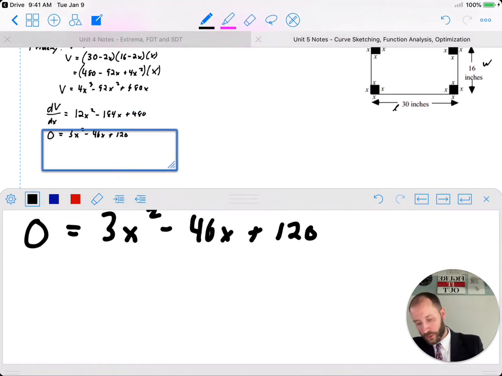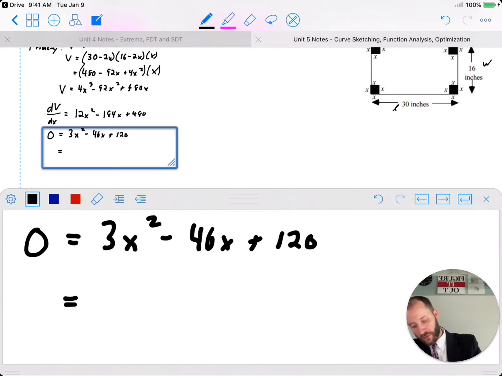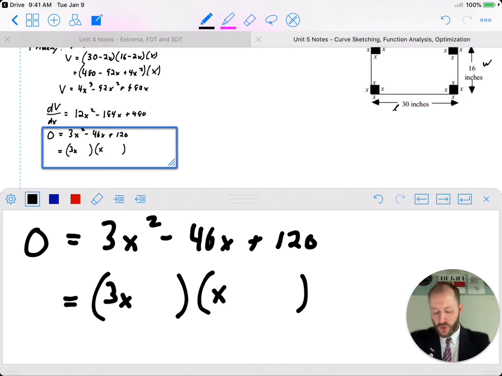So got a little more room. Let's factor that down. So 3x and x. So two numbers that multiply to 120, but then when one of them is multiplied by 3, they add up to 46. They're both going to be negative because they multiply to positive 120.